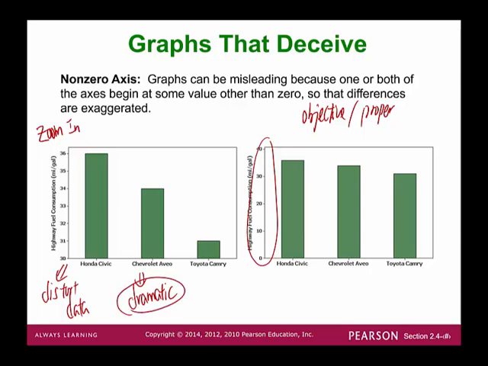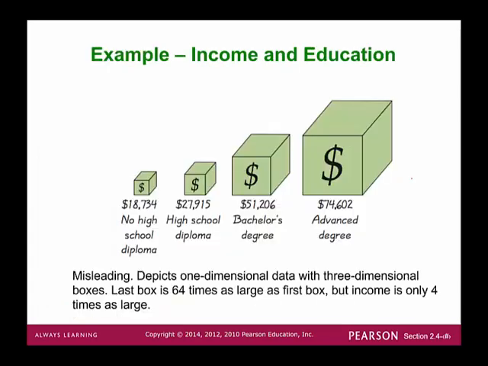So some in the advertising industry usually do that intentionally to deceive customers, to show Honda Civic is way better compared to the other vehicles. But in reality, that's not the case. Actually, they are very similar. They perform similarly in terms of mileage. Okay, so this is one way to create a misleading graph to achieve a certain purpose.